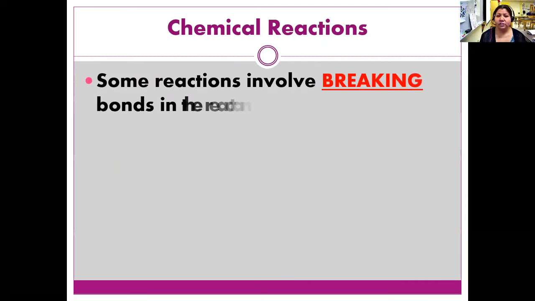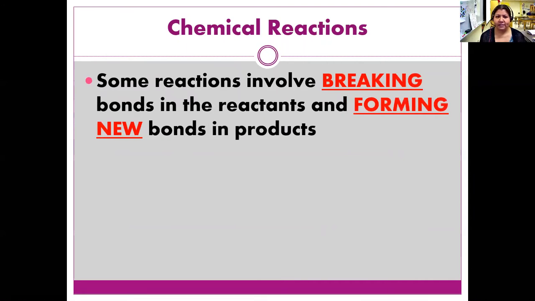So some reactions involve breaking bonds in the reactants and then forming new bonds in the products. A very good example, again, if we think about what we eat, we're not made of bread. It's not like your arm is a loaf of bread. It's not like your stomach is a steak.